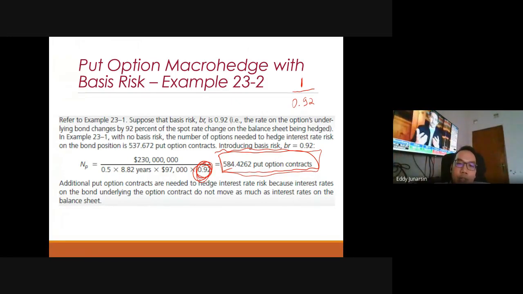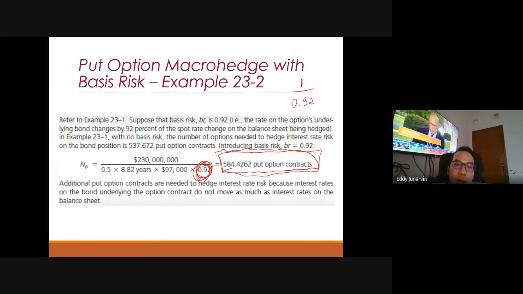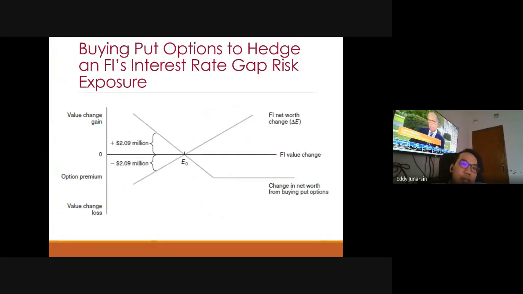The increase in interest rate in the derivative world is lower than that in the spot market, or in the real world. That's why you need more long put positions. Okay, I hope it's quite clear about the use of options to hedge the interest rate risk, especially for the bond portfolio, the fixed income portfolio.